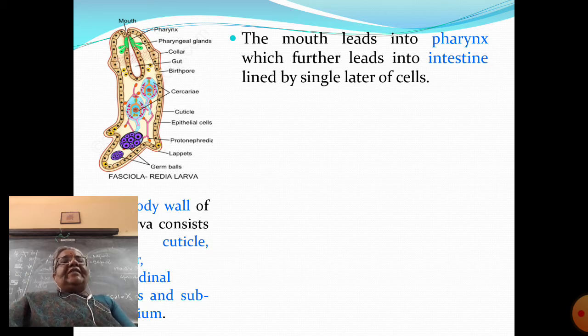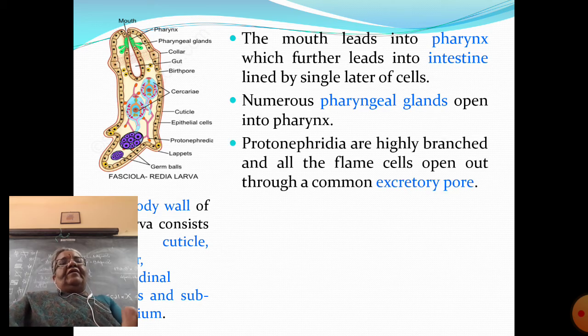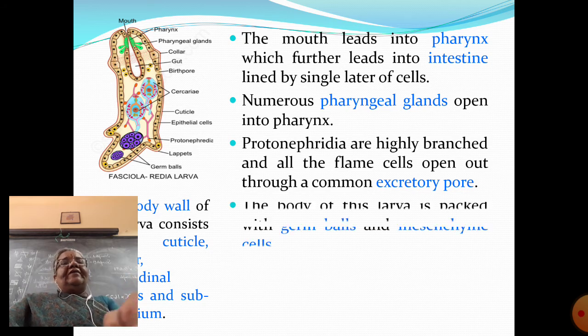Then you find numerous pharyngeal glands which open into the pharynx. Then protonephridia or the flame cells are highly branched, and all these flame cells open out through a common excretory pore. You can see the diagram.